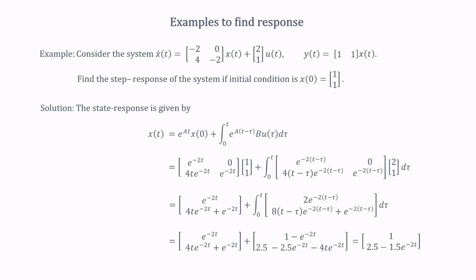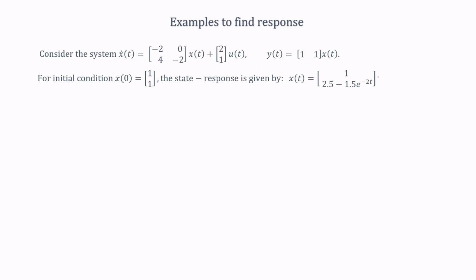Recall this example in which we had found out the step response of the system and the state response came out to be of this form. Now, I can ask the question, is it possible for me to make the state response depend on an exponential term of the form e to the power of minus t or maybe of the form e to the power of minus 100 t?